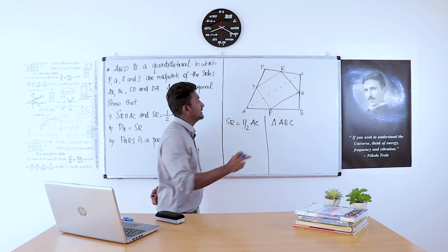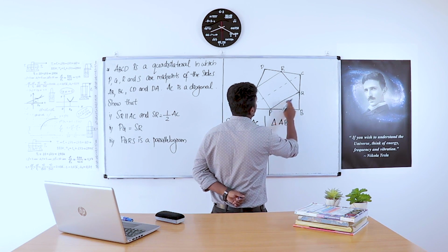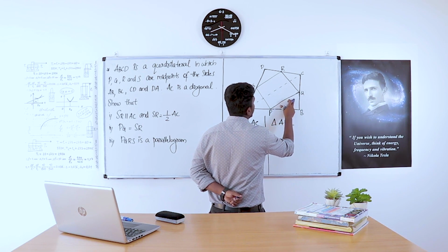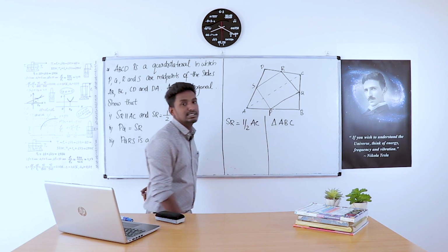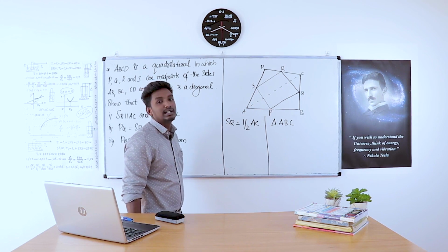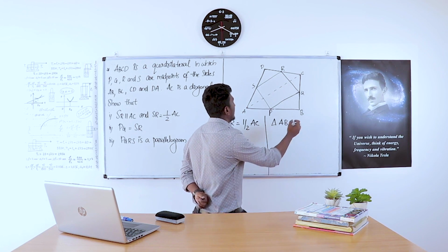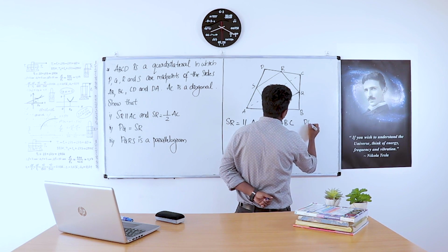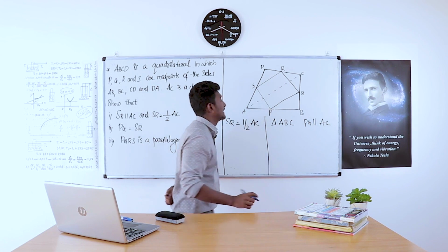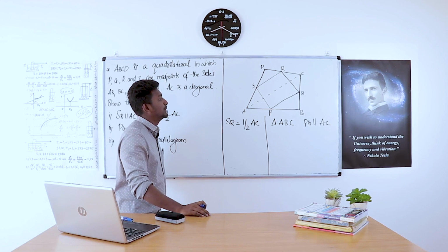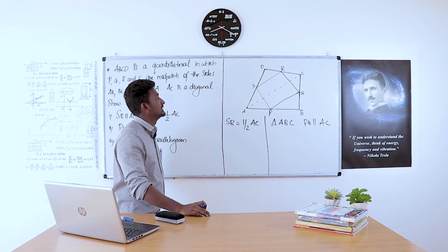So when we draw P to Q, the line segment should be parallel to AC. That means PQ is parallel to AC.